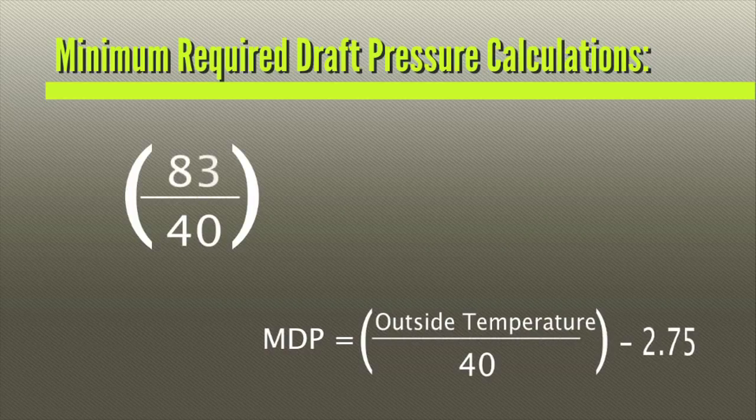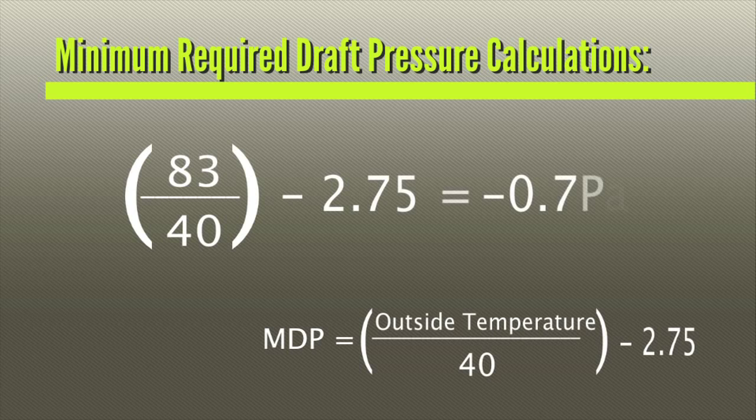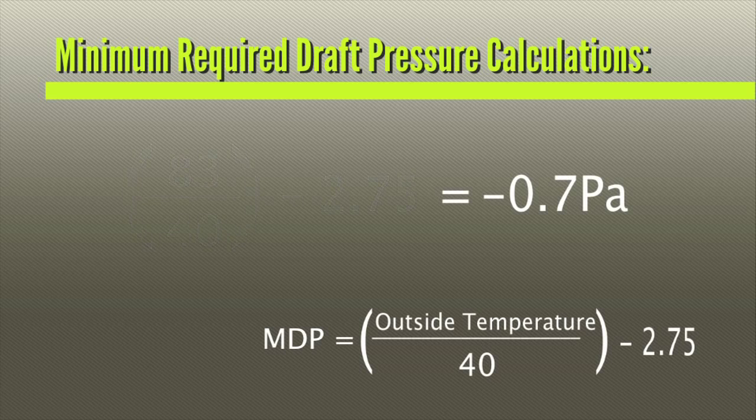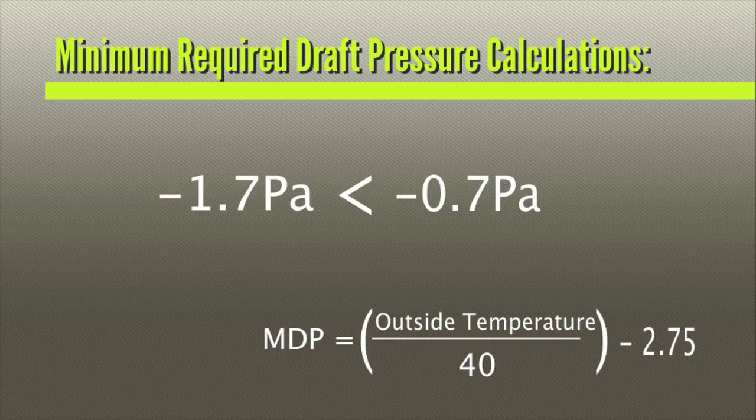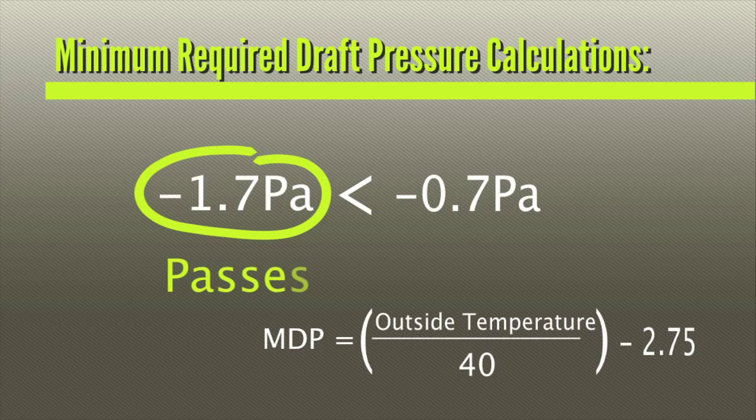So 83 divided by 40 minus 2.75 is -0.7 pascals. So -1.7 is more negative than -0.7 pascals. That means it's sucking harder than it has to get that flue gas out of the house, so it passes.